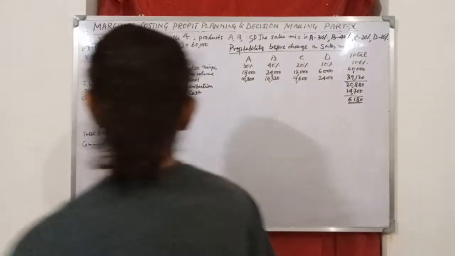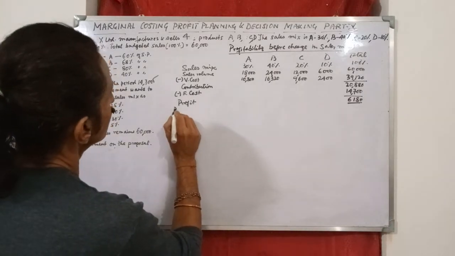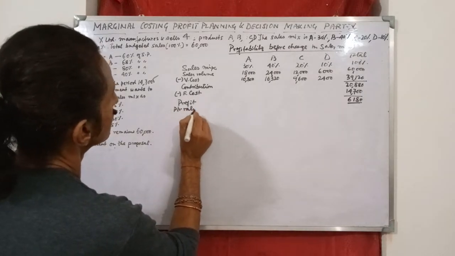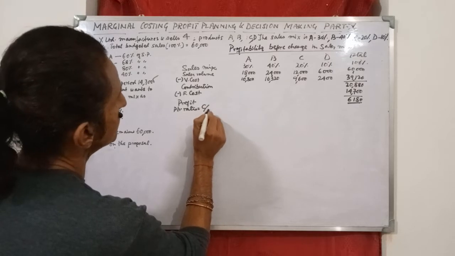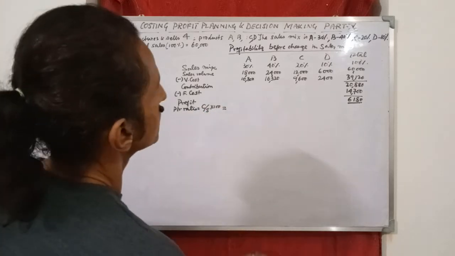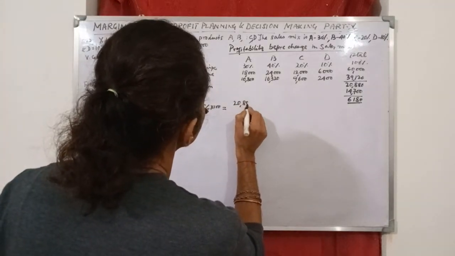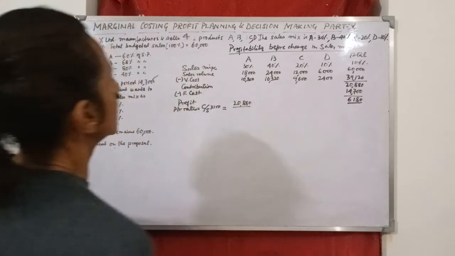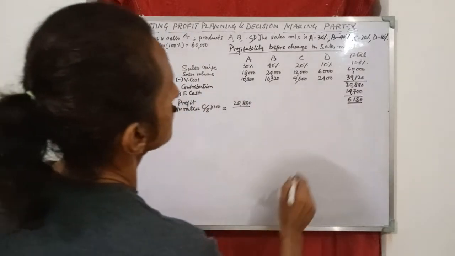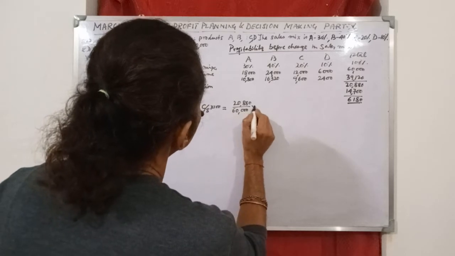Now let us see what is the break-even point. Now PV ratio is equal to contribution by sales into 100. What is the contribution? 20,880, divided by sales, how much? 60,000, into 100.